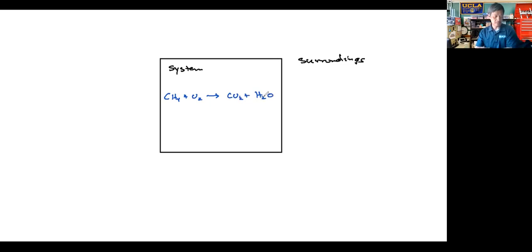That is our system. So what we're doing is looking at this process of burning methane. The surroundings then is everything else around it. Now a lot of people get confused by this because they think, well, wait a second.